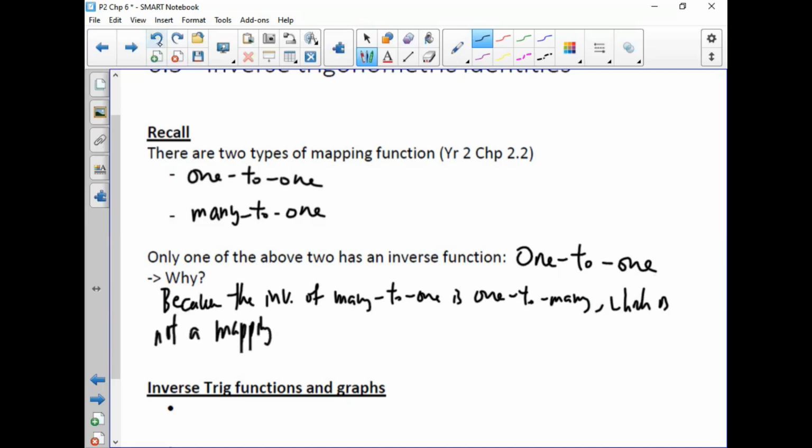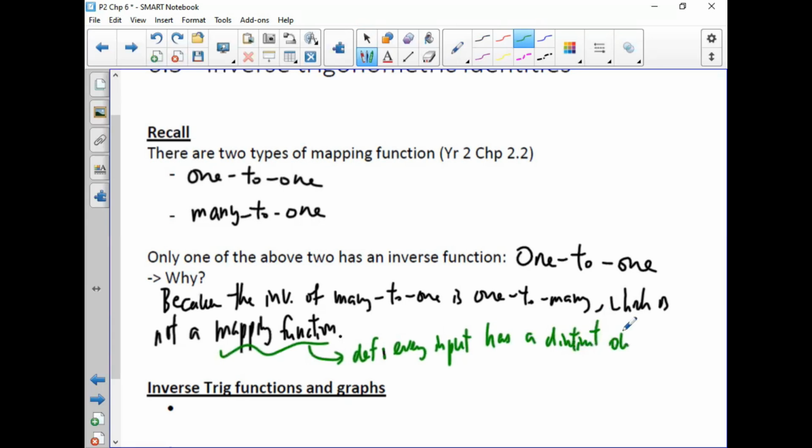What's the definition of a mapping function again? Every input has a distinct output.